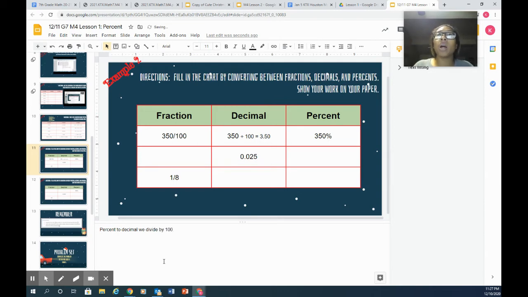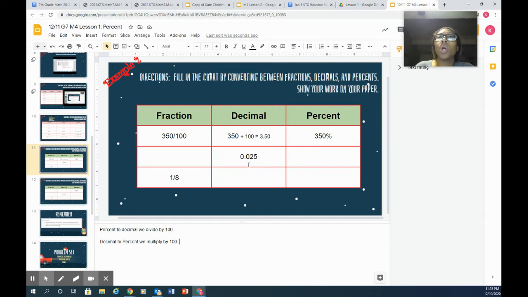If we're going from the decimal to the percent, we're going in the reverse. So from decimal to percent, we multiply by 100. So that means that I'm going to take this decimal, this 25 thousandths, and I'm going to multiply by 100.